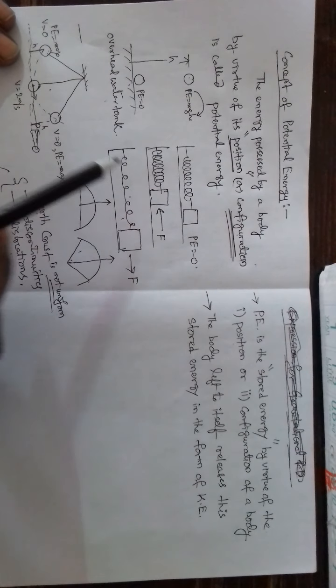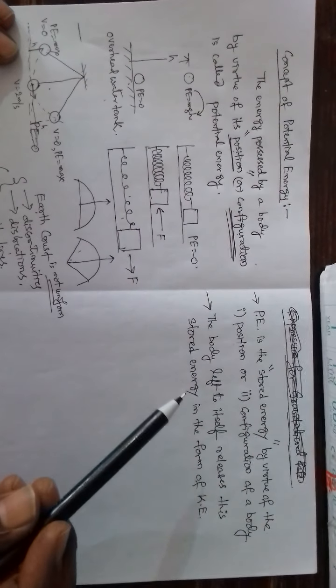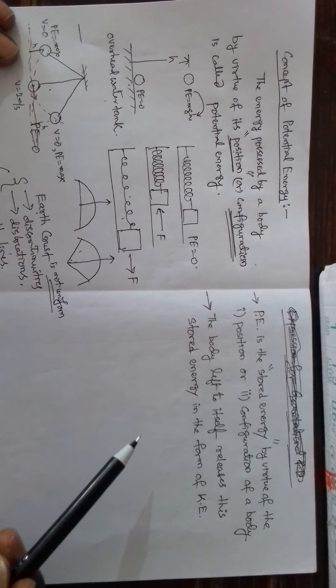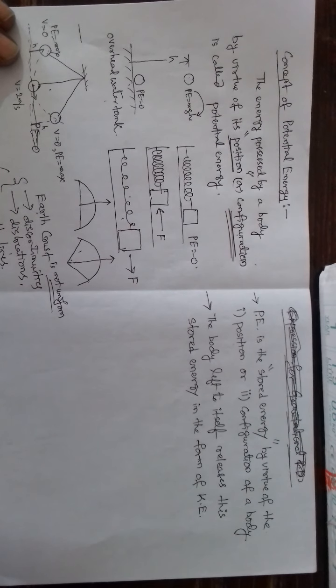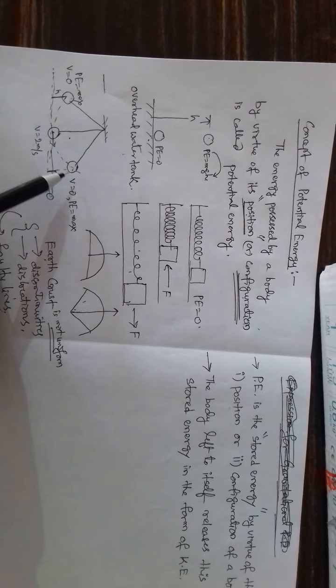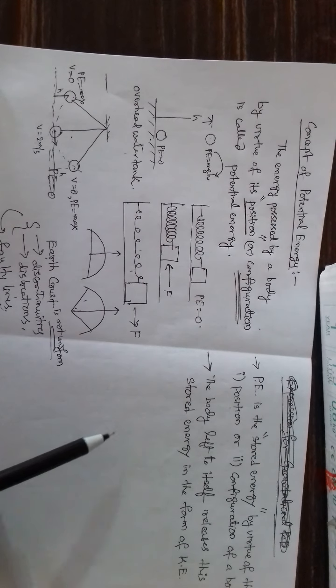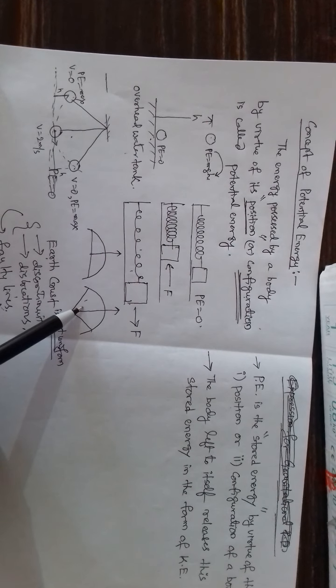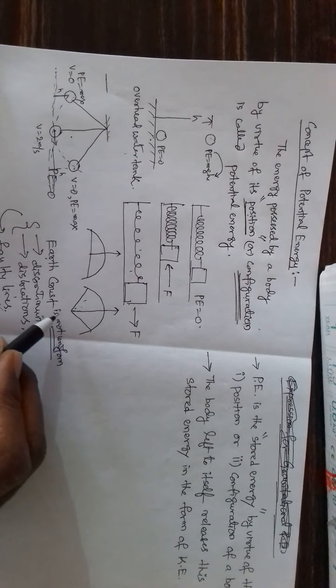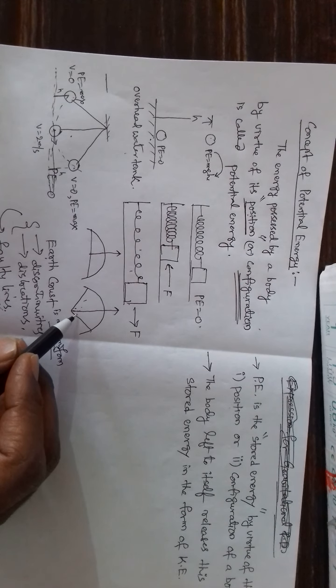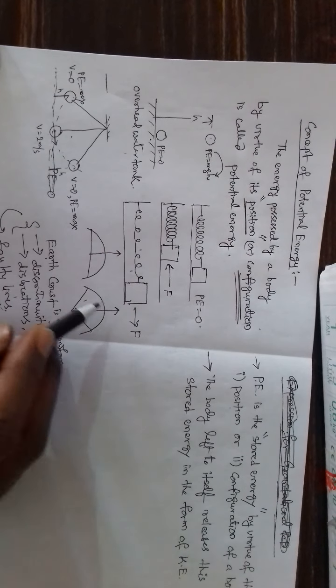And here, either by compressing the spring or pulling the spring, the work done is stored inside the spring. Here, by pulling the simple pendulum to either side, it is moving up, and the work done in pulling is stored as potential energy. Here also, in the example of the bow, you are pulling the arrow backwards, so that some amount of potential energy is stored inside the system.